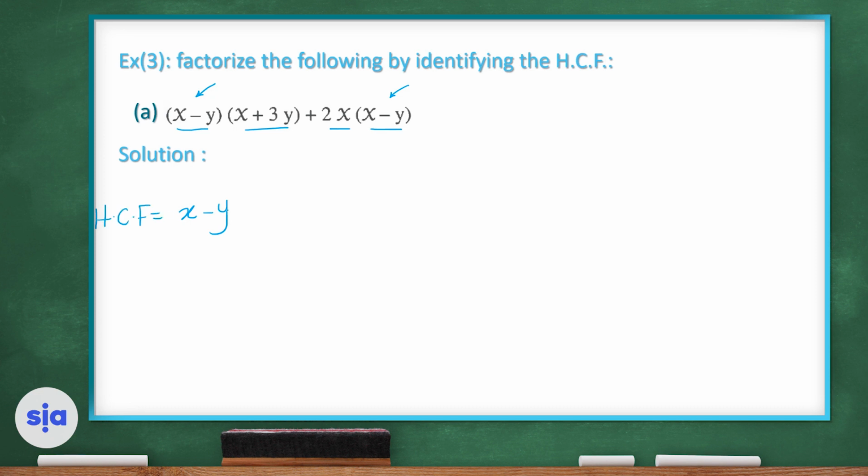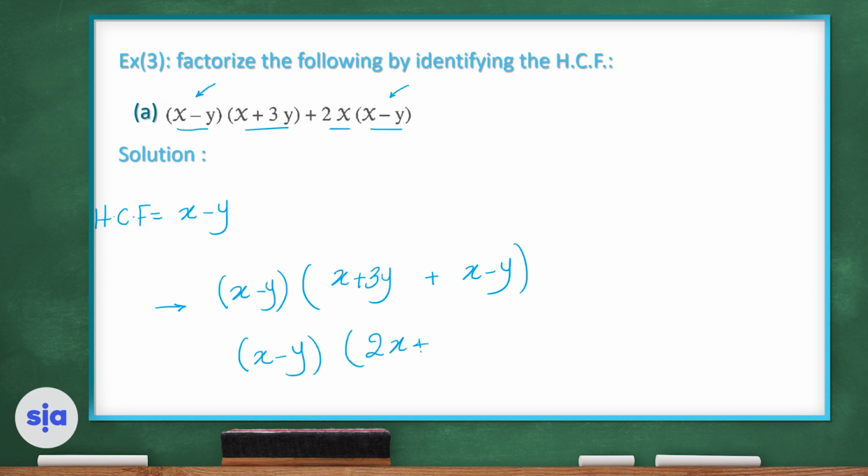The HCF is x minus y. To factorize it, it will be x minus y multiplied by x plus 3y plus x minus y. If you want to simplify it more, it's x minus y multiplied by 2x plus 2y.